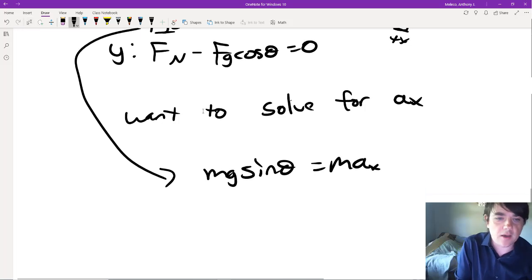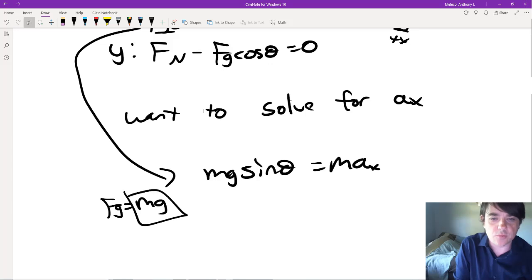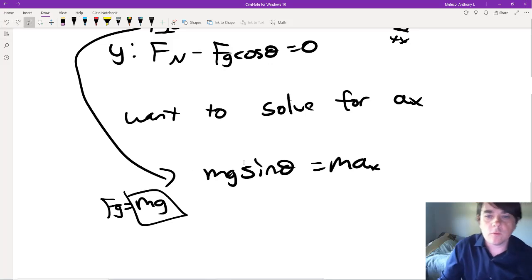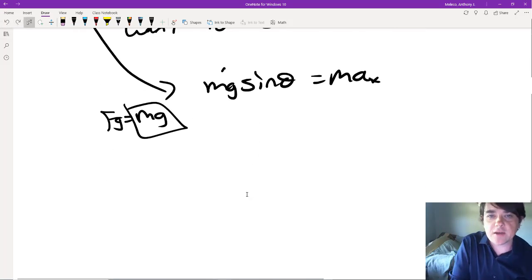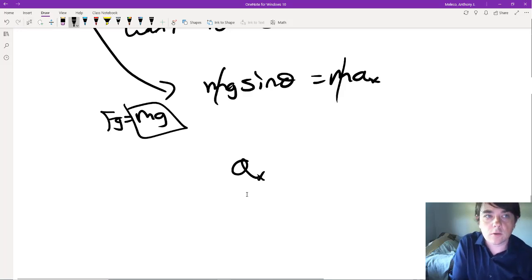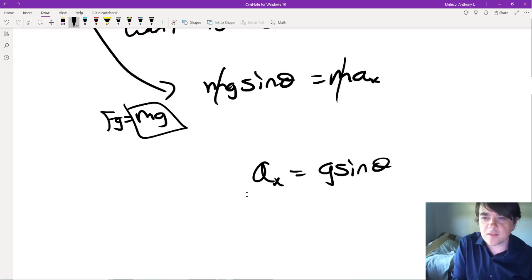And this is because, remember, Fg equals mg, so we're just plugging that in. Okay? So, because mass is on both sides, the acceleration is not a function of mass. And that's the case because it's frictionless. And so we have ax equals g sine theta.